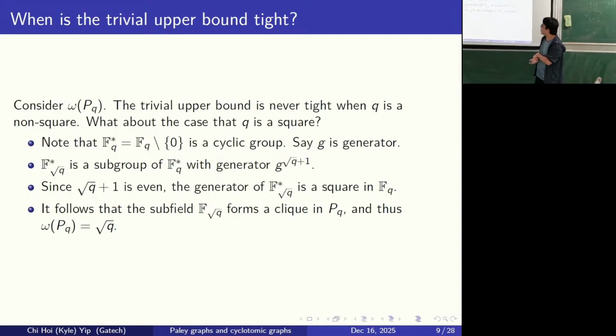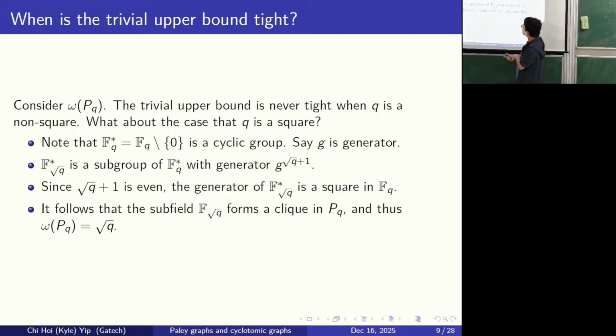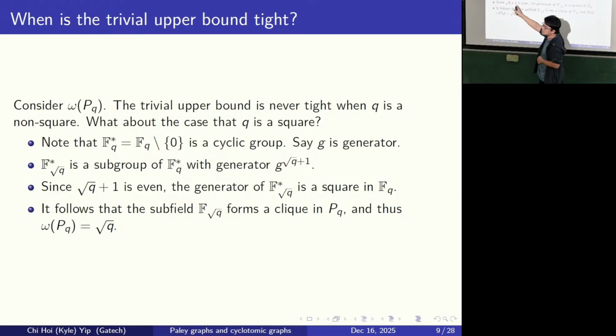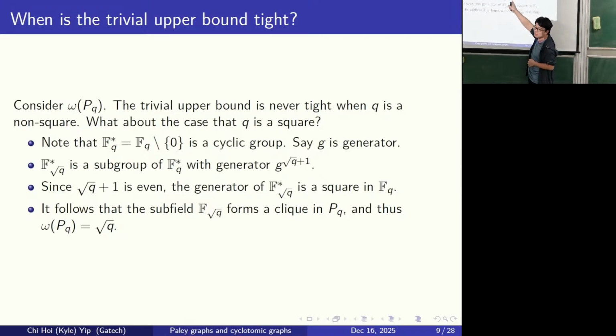To do that, we need to use the fact that the finite field without 0 is a cyclic group. So because it's a cyclic group, we can take some generator, say g. Right? Then if we want to find the generator of the subgroup, F square root Q star, we just need to raise to the right power, g to the power square root Q plus 1.